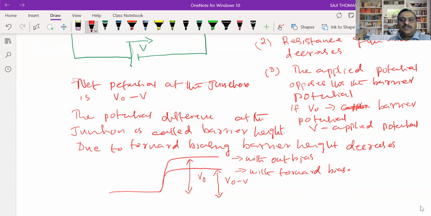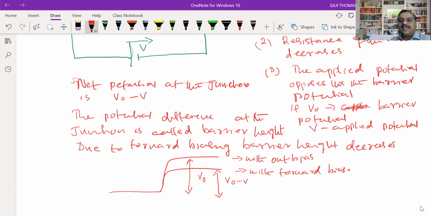So children, during forward bias, what all things happen? What are the main points to remember? The P section of the diode is connected to the positive terminal. The N section of the diode is connected to the negative terminal. Width of the depletion layer decreases.